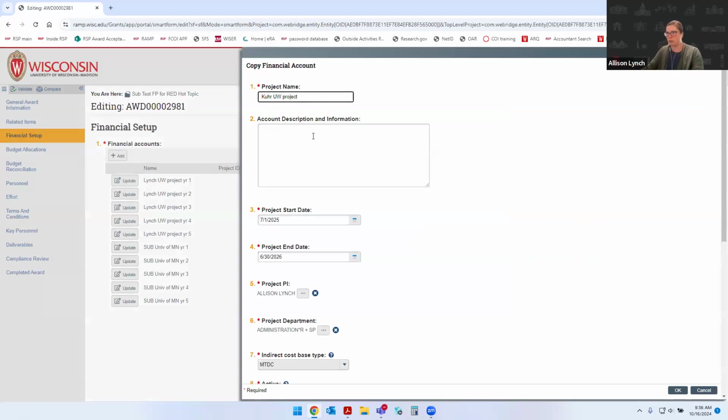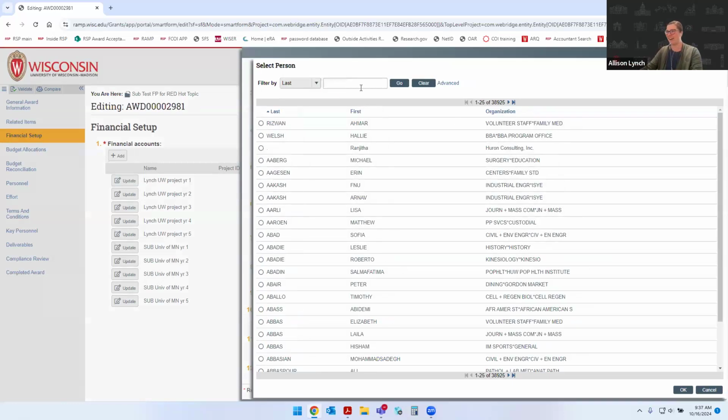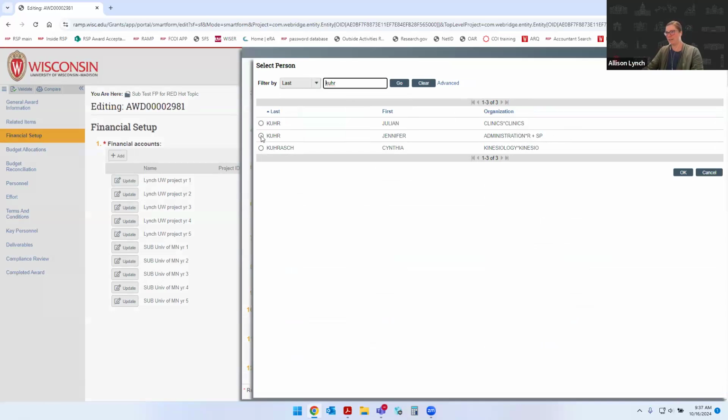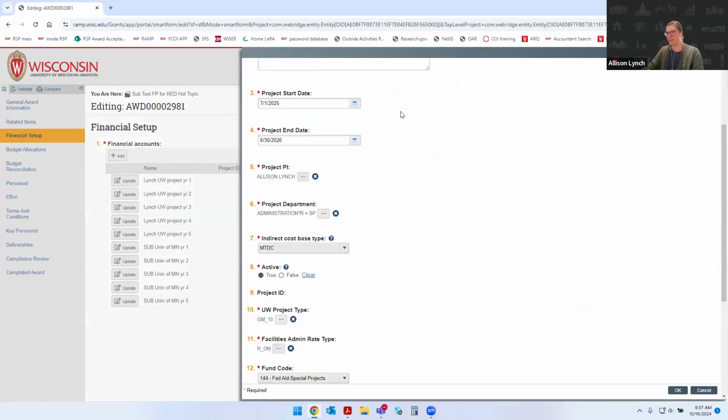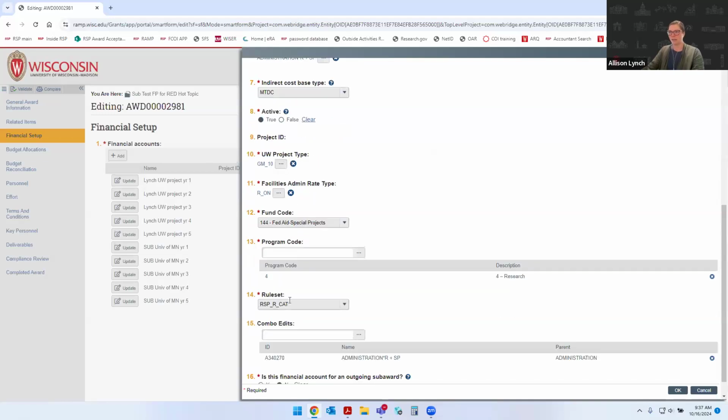Me and Jennifer are going to do a project together. So here we're just going to update our new PI. Now the project PI is Jennifer. She's in my same department. And all of this is the same because it's a UW project, so we're keeping GM10, the same F&A fund code, all the same information.